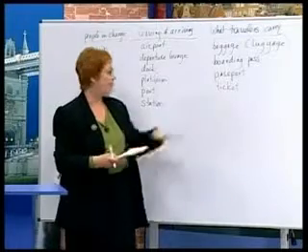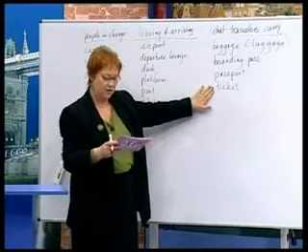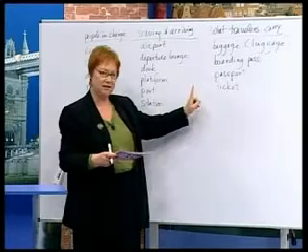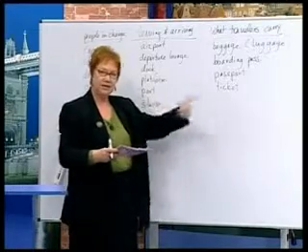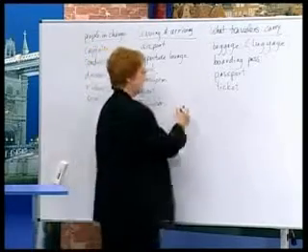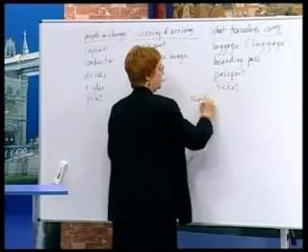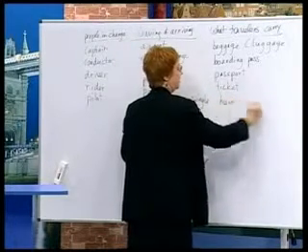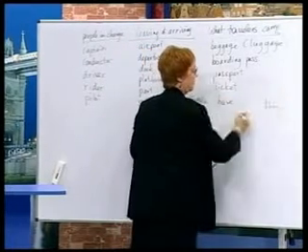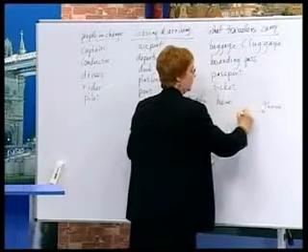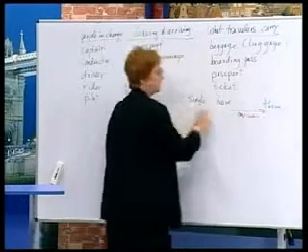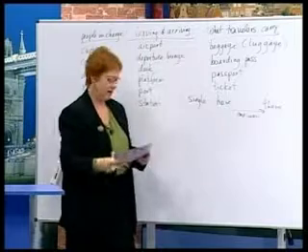Now, when we buy a ticket to travel, we can buy a single ticket or a return ticket. So a single ticket lets you go from here to there, just one way. Okay? A single ticket is also known as one way.